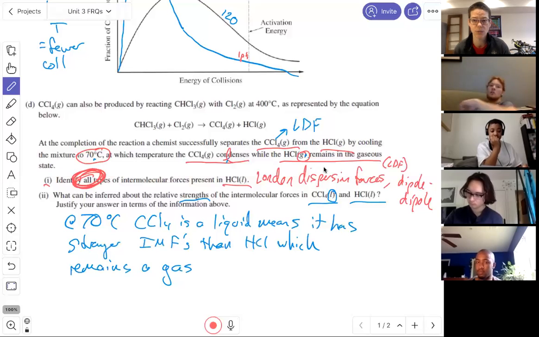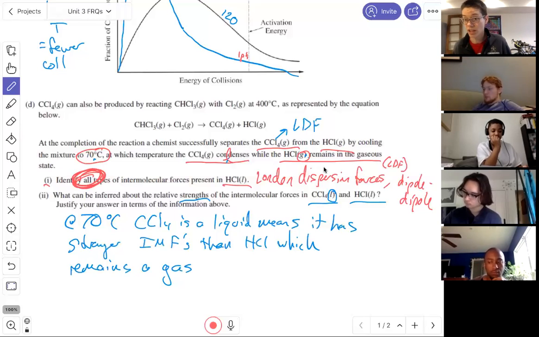And you'll see it again on one of the other questions. They've gotten into the habit of asking these questions where we're so used to thinking of London dispersion forces as the weakest intermolecular force, because it is when you compare them just in similar things.